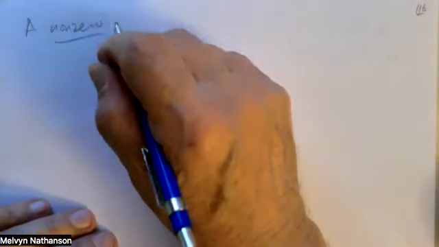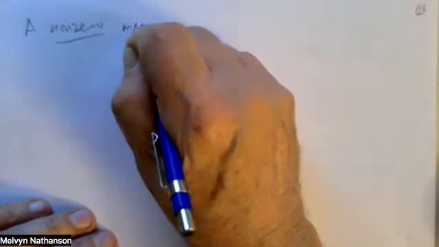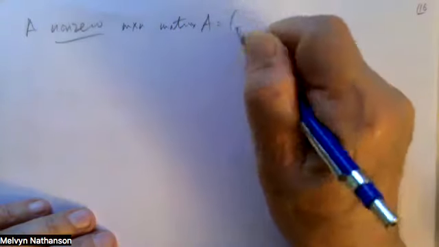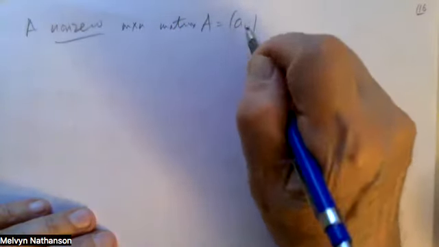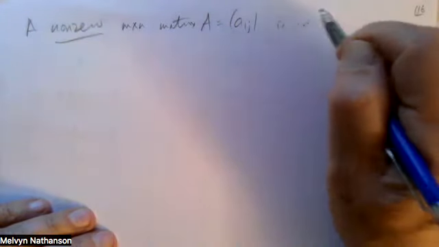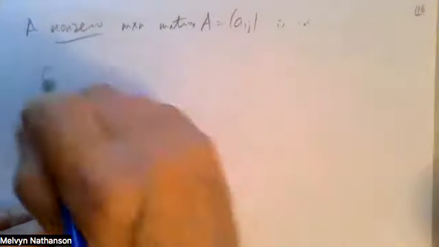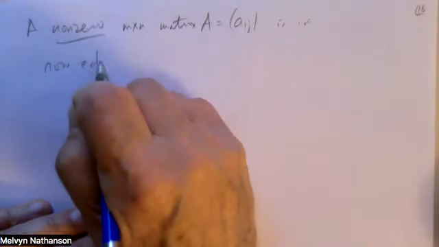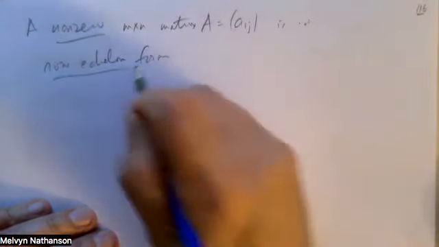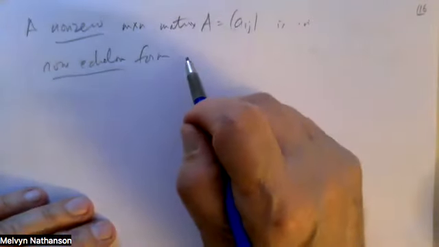So a non-zero matrix means at least one coordinate of the matrix is different from 0. A non-zero m by n matrix A, with coordinates aij, is in row echelon form if it has the following properties.